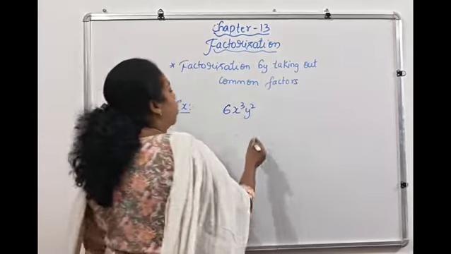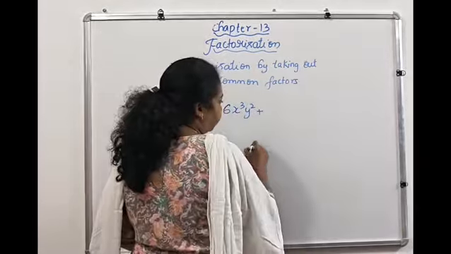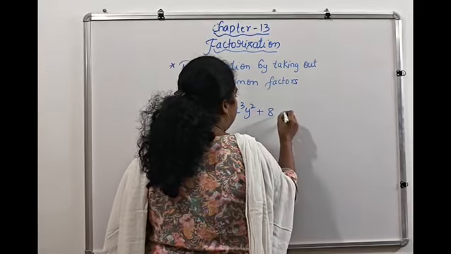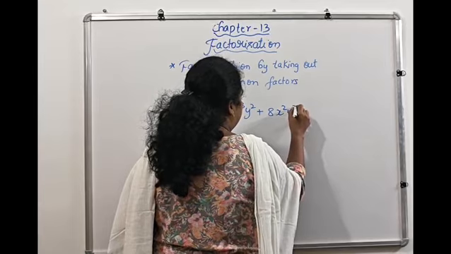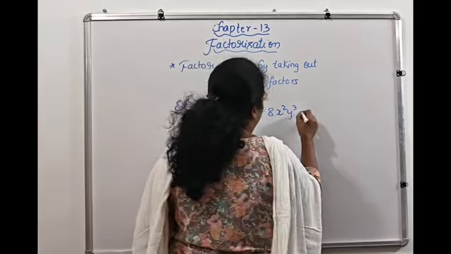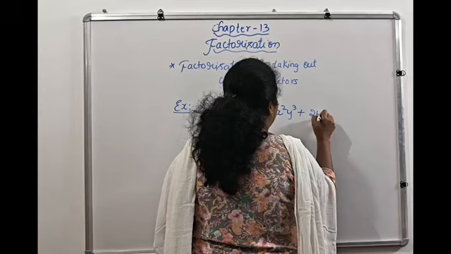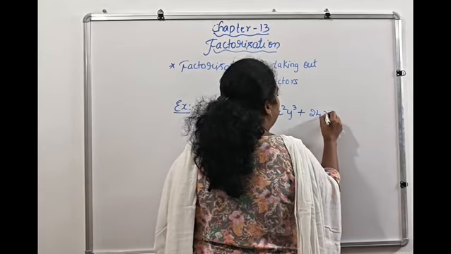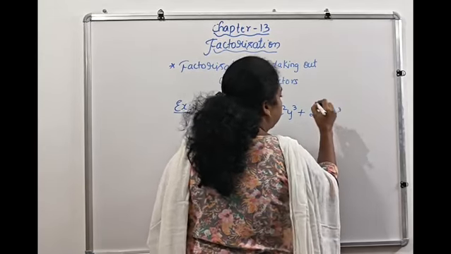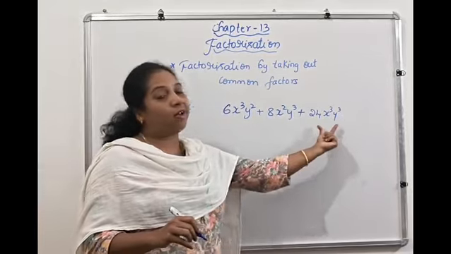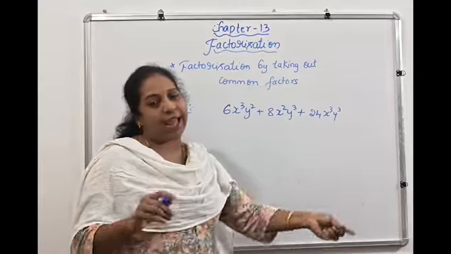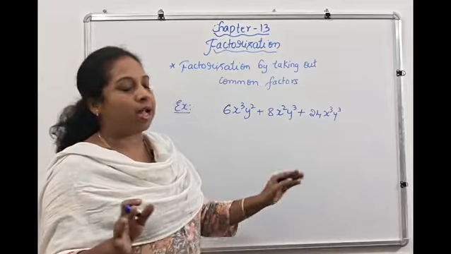6x cube y square plus 8x square y cube plus 24x cube y cube. These are the three terms I have taken as an example, just an example.